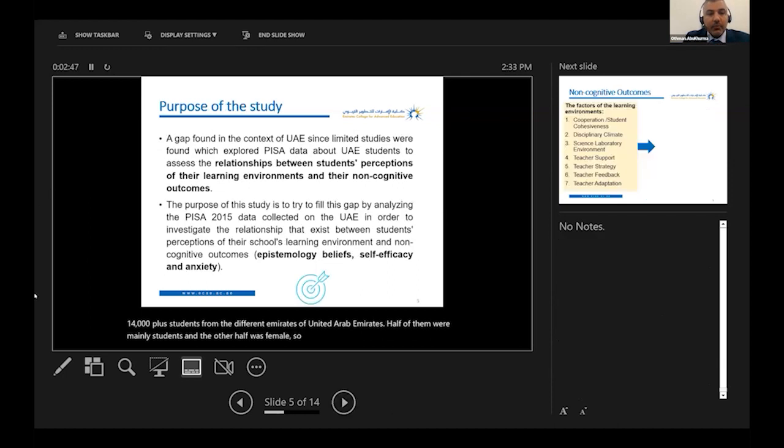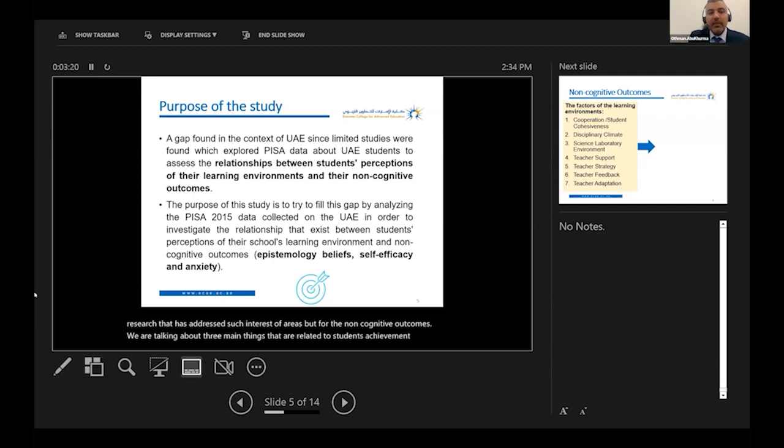So the purpose of the study simply is to examine the relationship between the students' perceptions of the learning environment and the non-cognitive outcomes. As you know, we have cognitive and non-cognitive outcomes. For the cognitive outcomes, a lot of research has addressed such areas. But for the non-cognitive outcomes, we are talking about 3 main ones that are related to students' achievement.